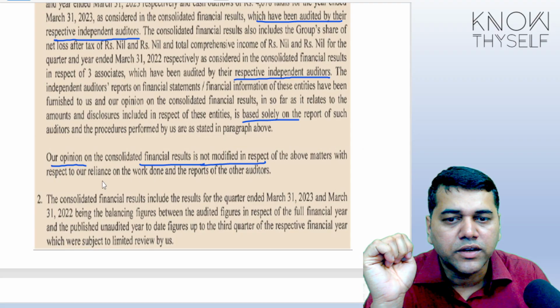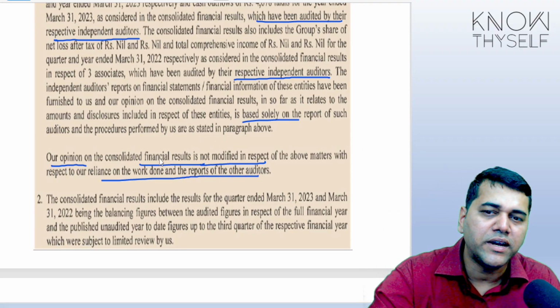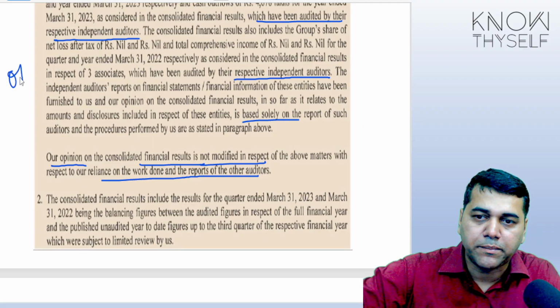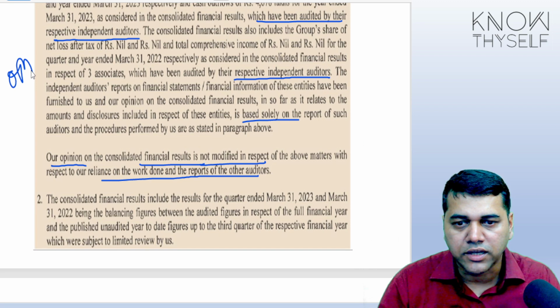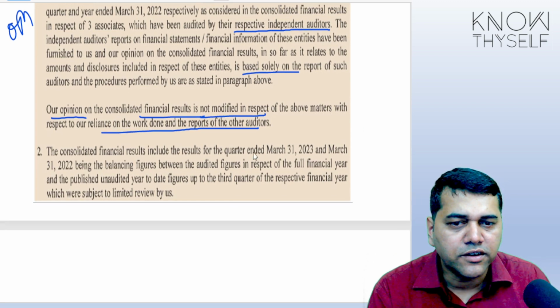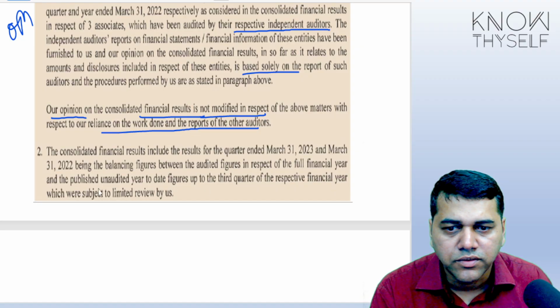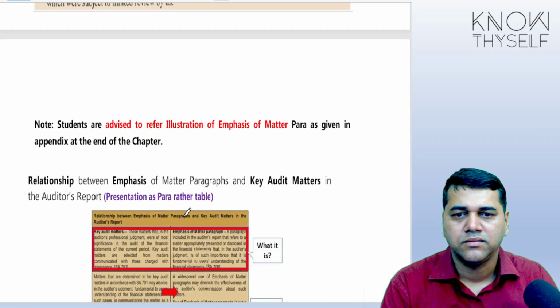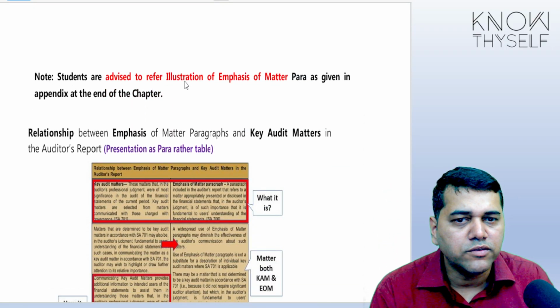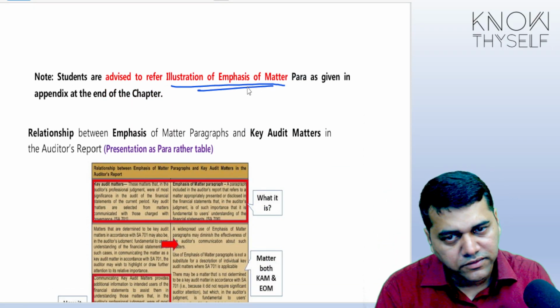Okay, in respect of reliance on the work done by others. So simply we are telling, this is other matter paragraph. So and so portion of the balance sheet we didn't audit. This is what they are trying to tell. So the consolidated results is having. Okay, that's it.